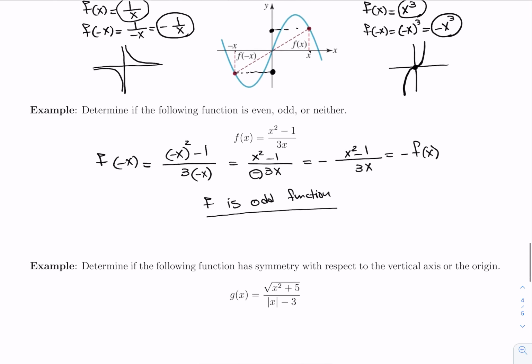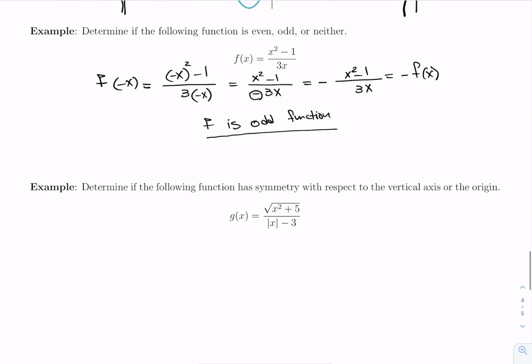Let's look at another example. g of x is square root of x squared plus 5 over absolute value of x minus 3. I will calculate g of negative x. I'll replace all x's with negative x. That would be square root of negative x squared plus 5 over absolute value of negative x minus 3.